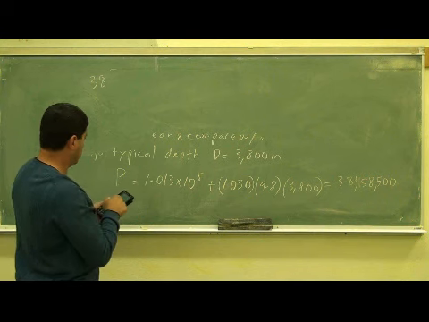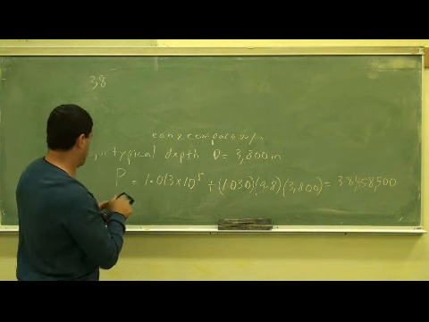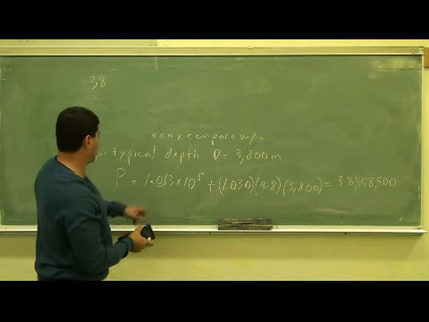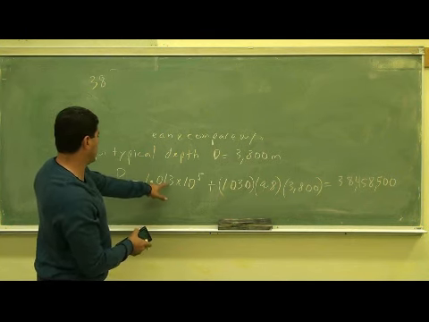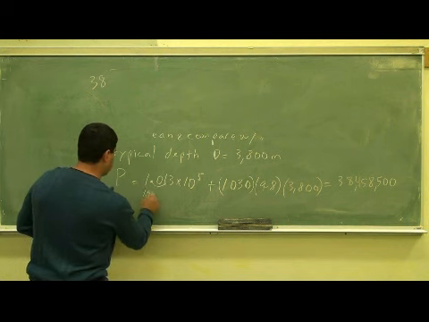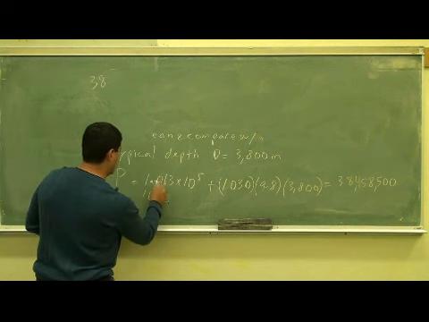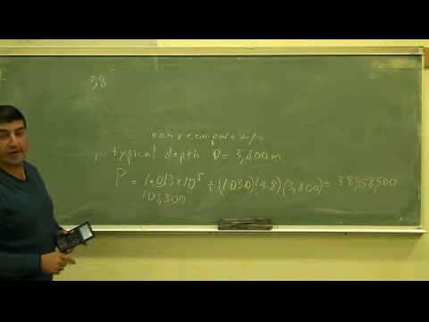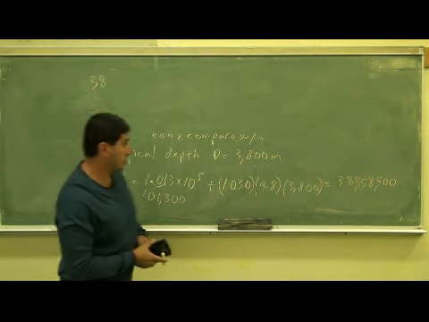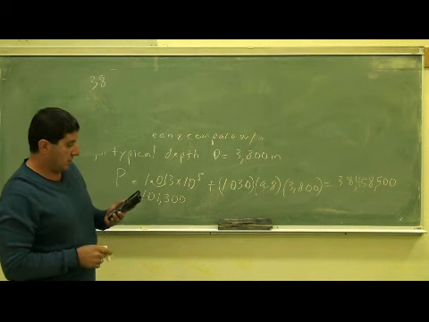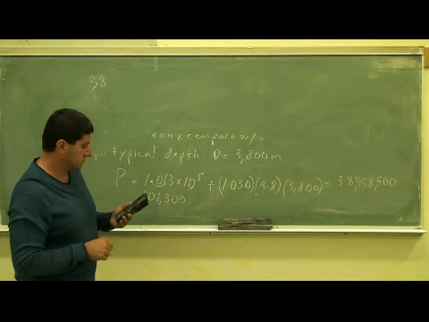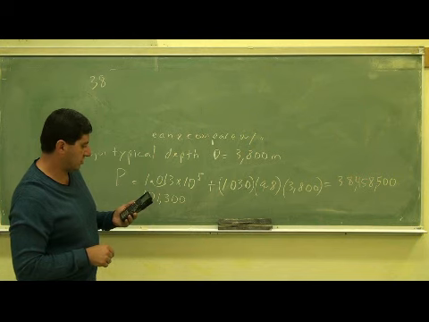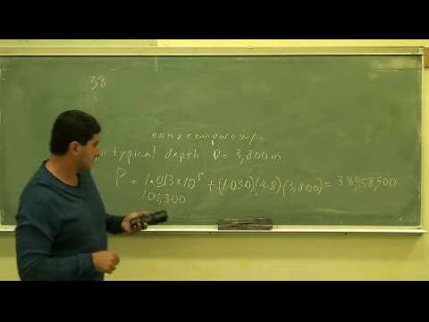1.013 times 10 to the 5th. This is 101,300 pascals, the pressure at sea level. This one is a lot more. It's 1.013 times 10 to the 5th plus 1,030 times 9.8 times 3,800.